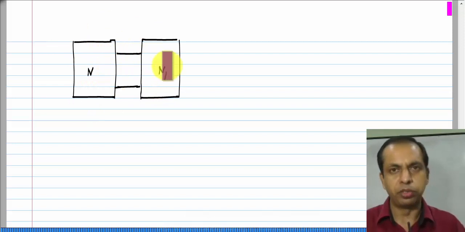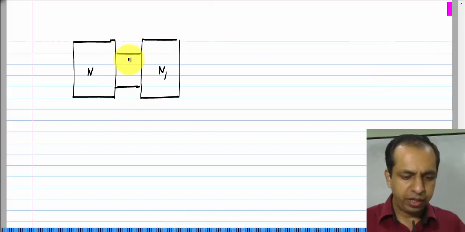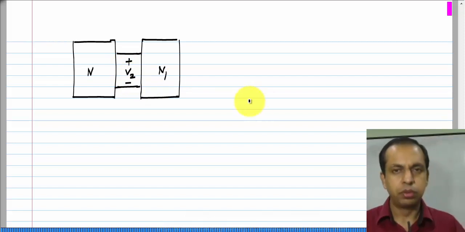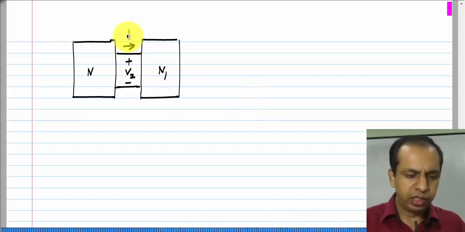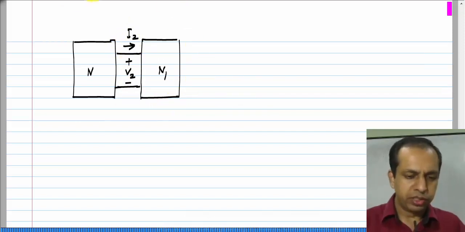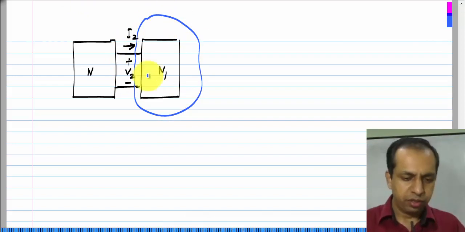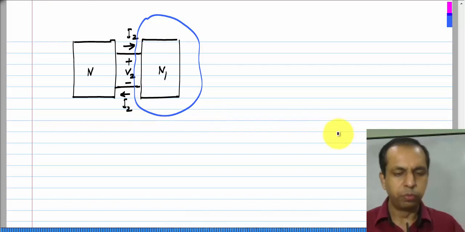Inside there may be lots of components, but this circuit and that circuit are connected only at these 2 points. And it turns out that the voltage across this is, let us say V 2 and the current going that way is I 2. Now, because this is connected only at these 2 points, applying Kirchhoff's current law for this entire surface enclosing N 1, we see that the current coming back that way also has to be I 2.